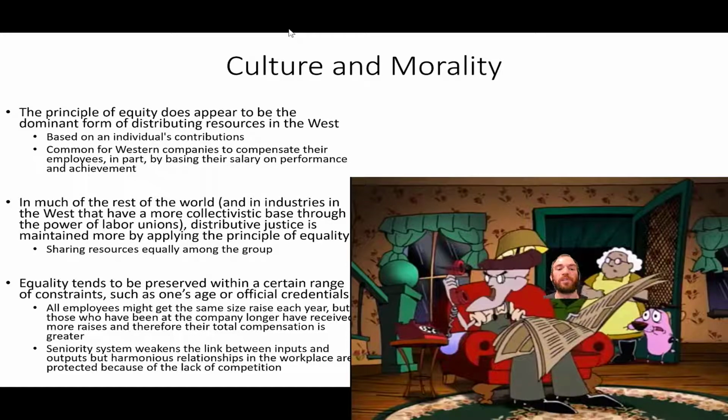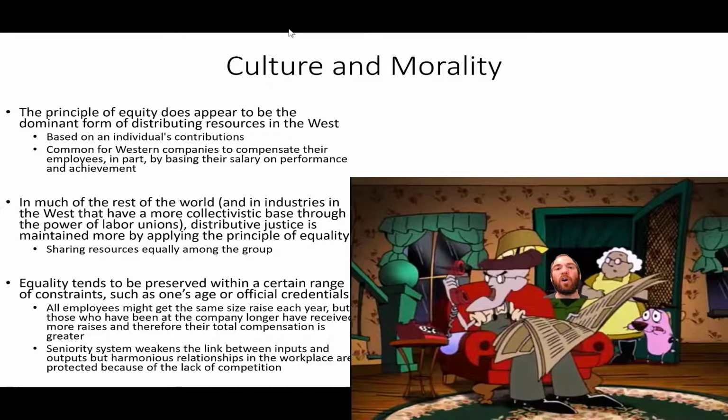First is this principle of equality, which is sharing resources equally among the group. However, in general across cultures, this equality principle is not a global principle of equality, but rather there are certain constraints, such as a person's age and credentials. A particular study found that in Japan, seniority within a company can contribute to who gets the highest raise within a given year.